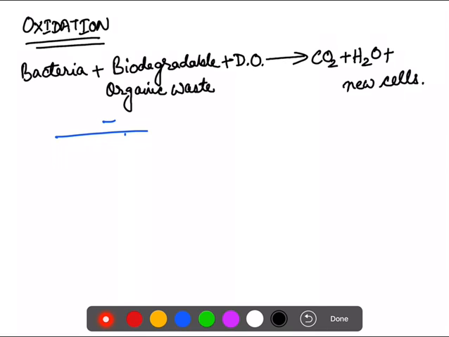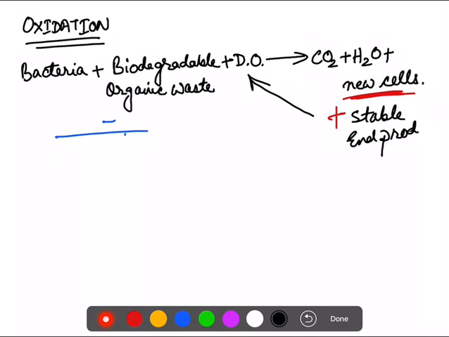Okay, so more bacteria is being produced, plus stable end products, since this is aerobic oxidation. Okay, stable end products, and this is oxidation.